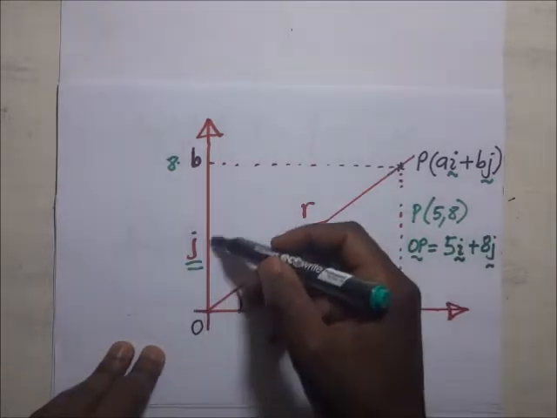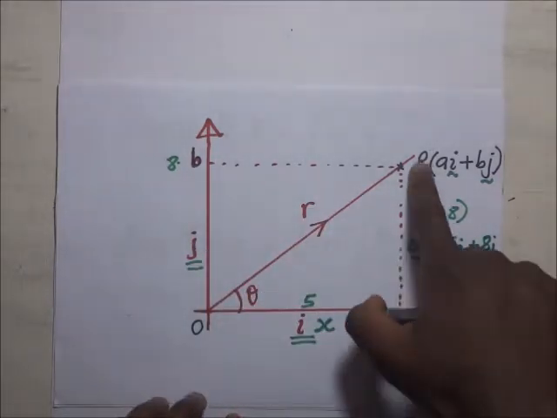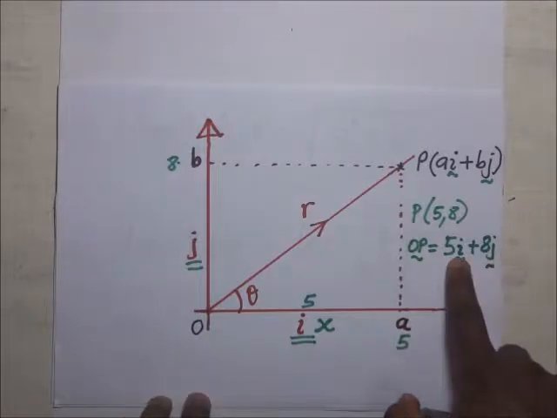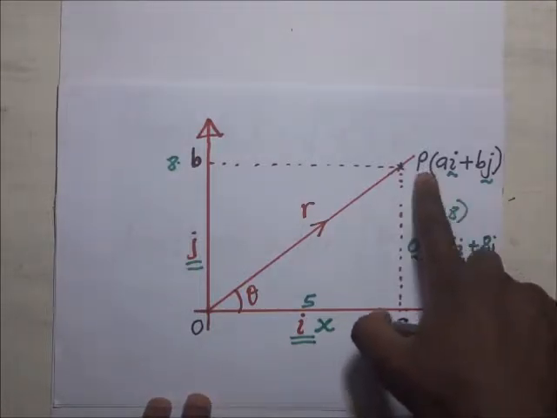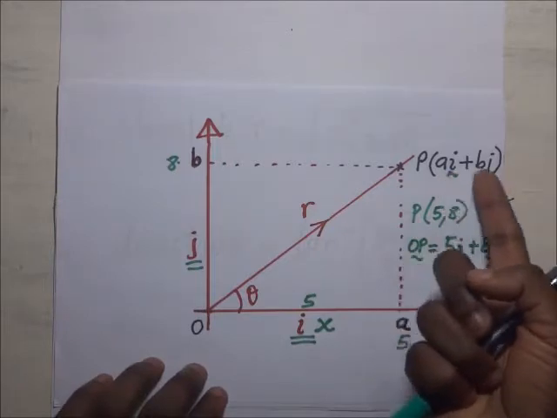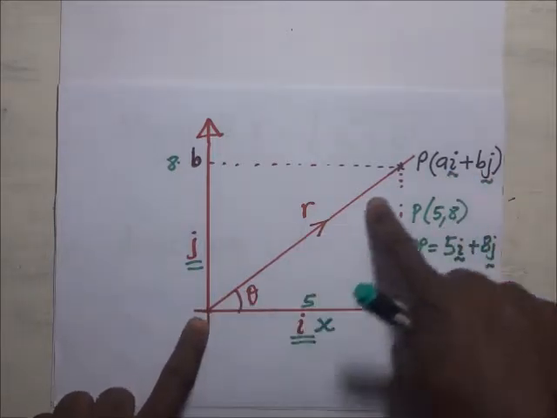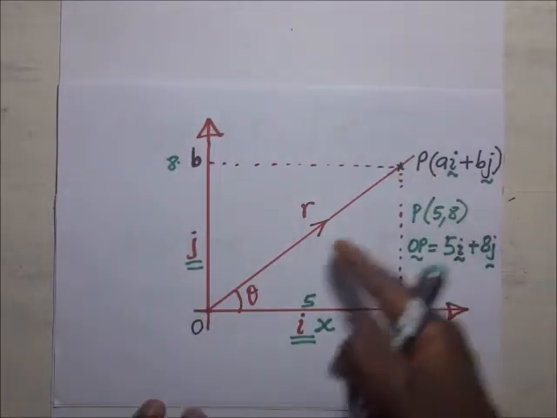The j direction in this case is the y direction, and so the position vector OP is 5i plus 8j, and that is how we generally express position vectors using the ij notation.